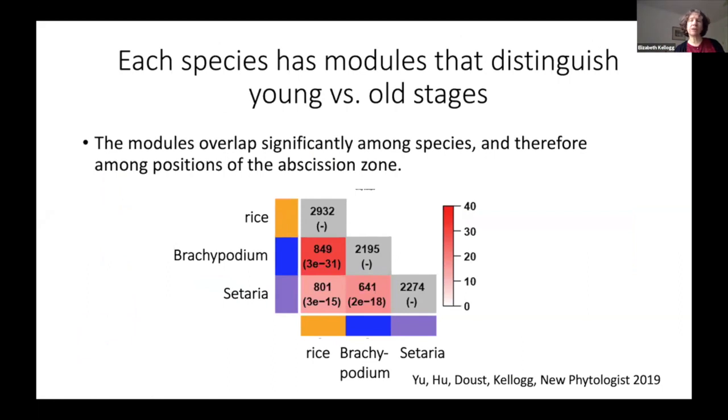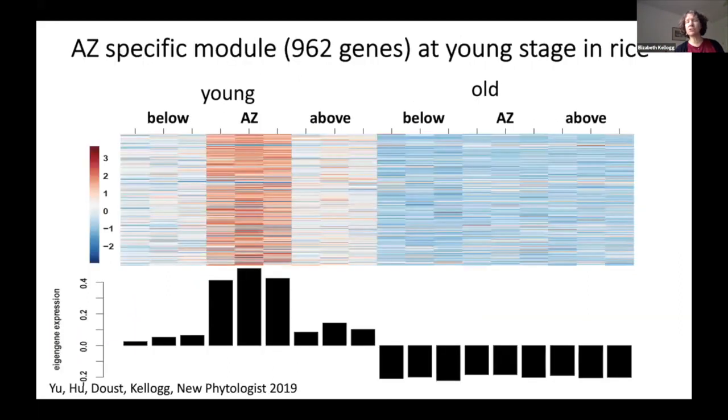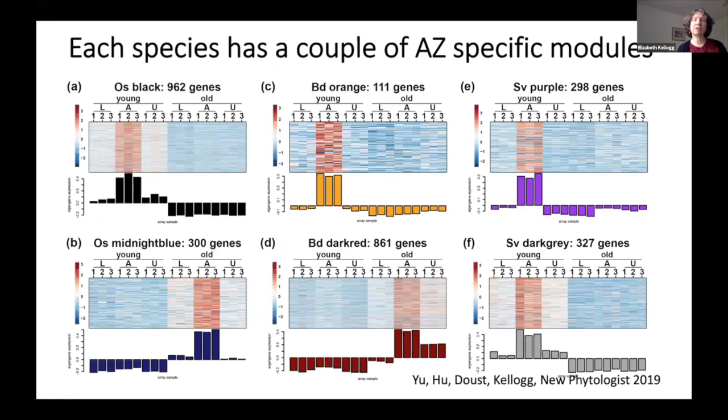But of course, what we want to know is what's happening with the abscission zone itself. So here's a rice set of genes that are highly expressed in the abscission zone at the young developmental stage, much higher in the abscission zone than either below or above. And again, every species has a couple of abscission zone specific modules at particular developmental stages.